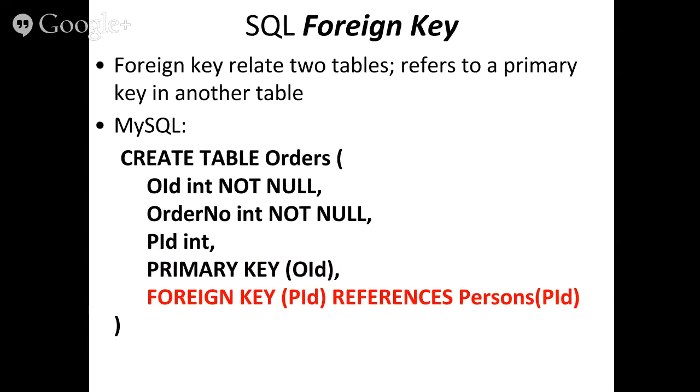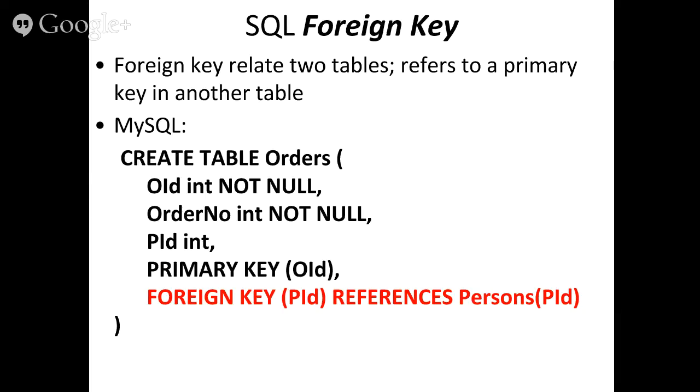You're saying that in this table orders, this PID is referencing, it's that field in this record is referencing some other table with that field over there. And they could be named the same, but they don't have to be. This PID could be called something else.